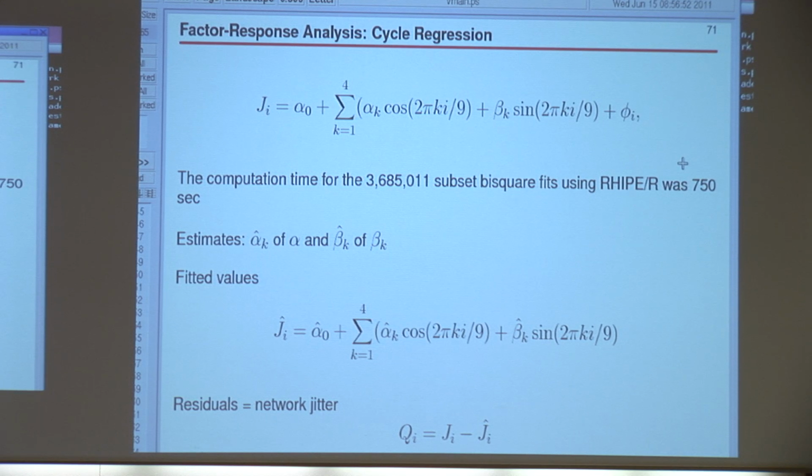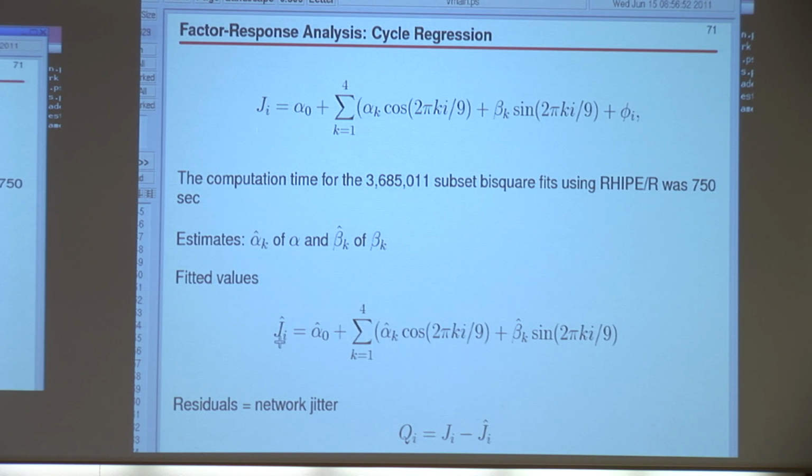OK, so it's the fitting, it's the estimation of these 3.6 million, well, the coefficients. So it's actually 9 times 3.6 million estimates. But also the bi-square is iterating to do its robustness thing. So there are 3 iterations to that. So we get the estimates, and we get the fitted values of those estimates.